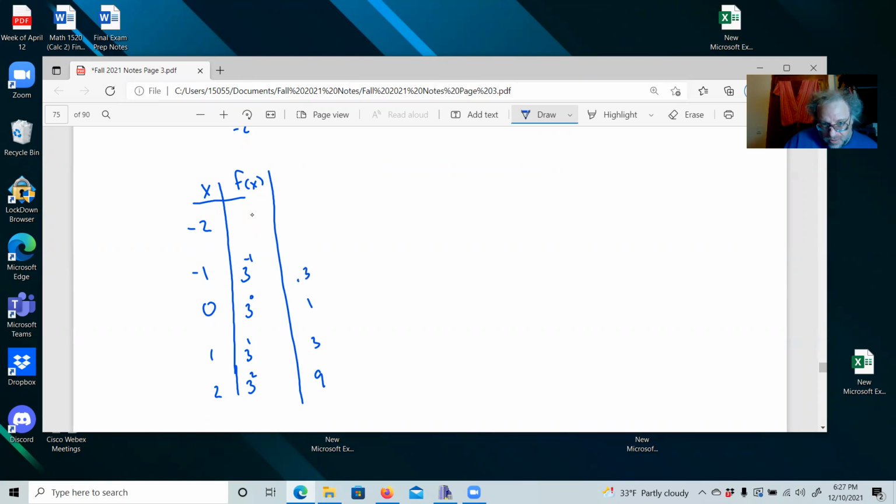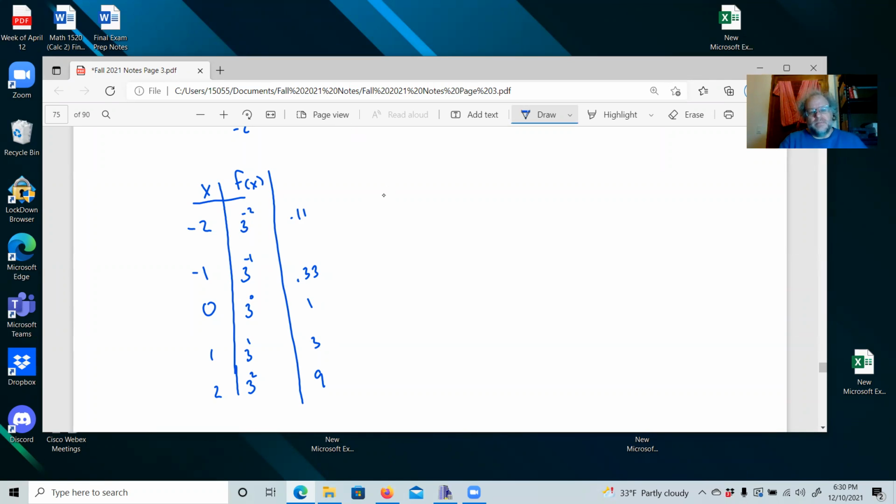We'll say 0.33 because it's a numerical thing. And 3 to the -2 is 1/9, which is 0.11. I mean, it's 0.1 repeating. We could keep going, but they only wanted two decimal places, so we'll stop with that.